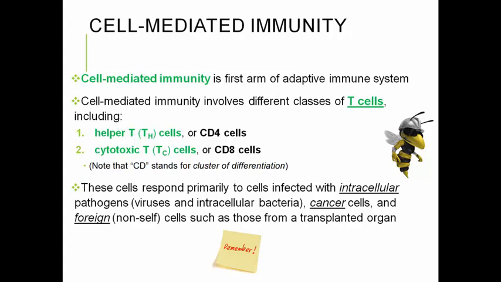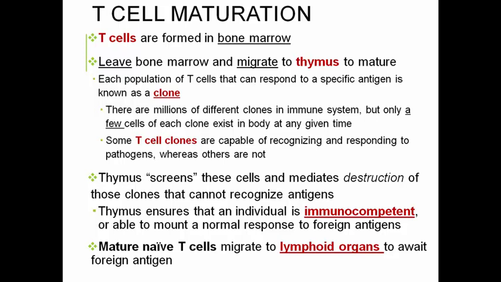off with cell-mediated immunity. So we know again that T cells are formed by hematopoietic tissues in the bone marrow, but they leave the bone marrow, they go to the thymus gland, and there in the thymus gland they become what we call immunocompetent. So each one of them knows exactly what specific antigen.